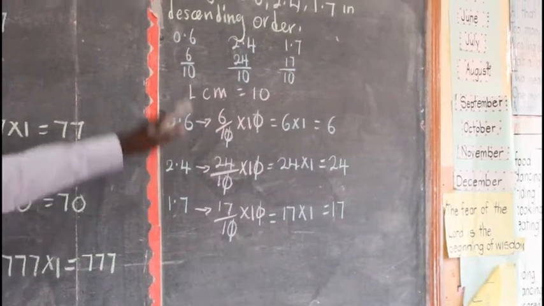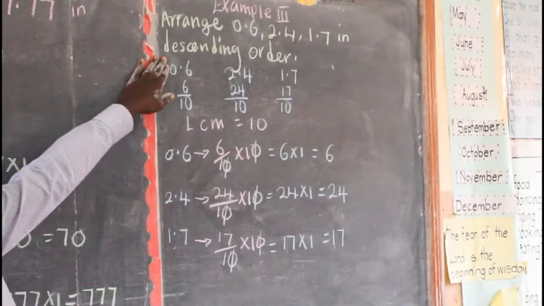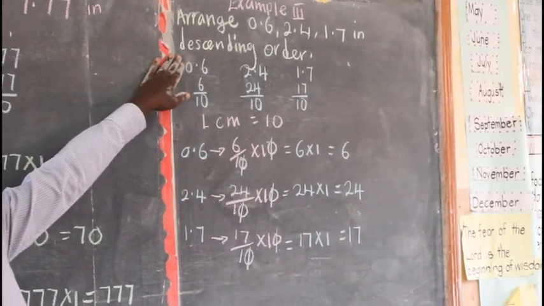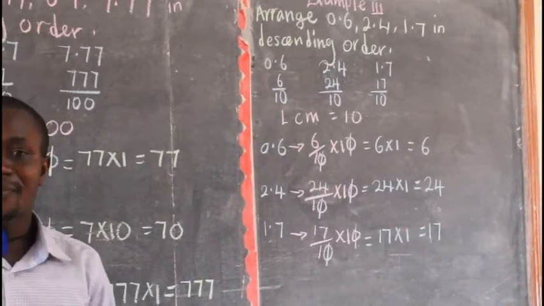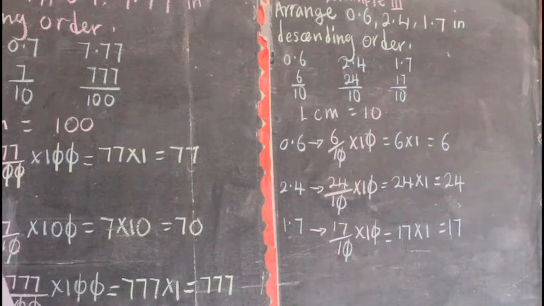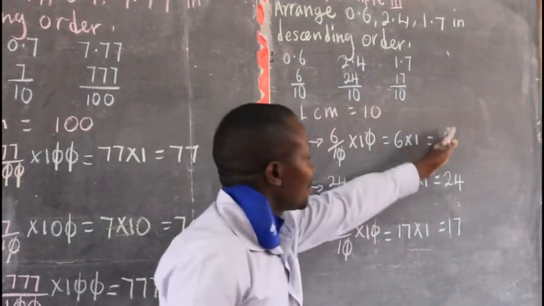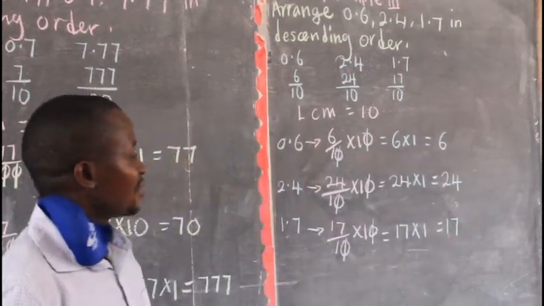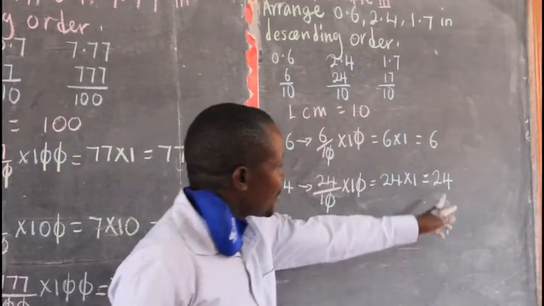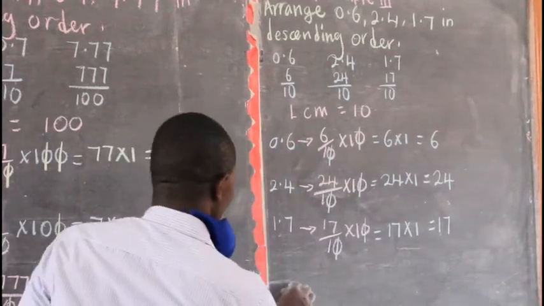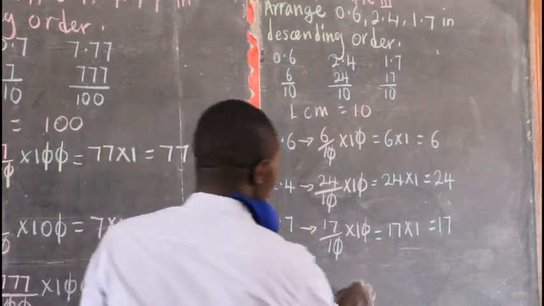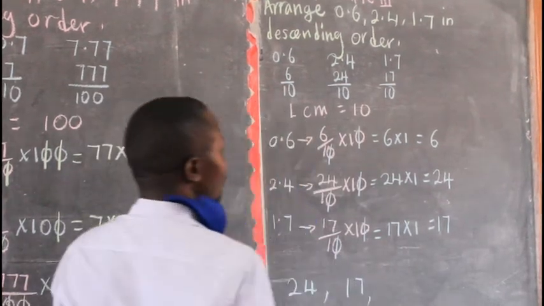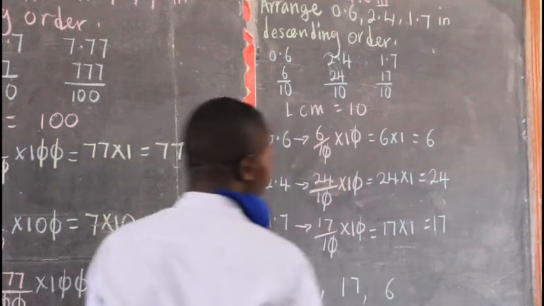And this one is telling us to arrange in descending order. And you have seen that descending order means from the highest to the lowest. Here, we call it the highest. The highest is 24. Then you write 24, comma. After that is 17 and 6.